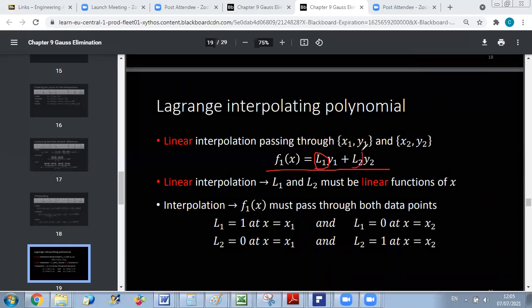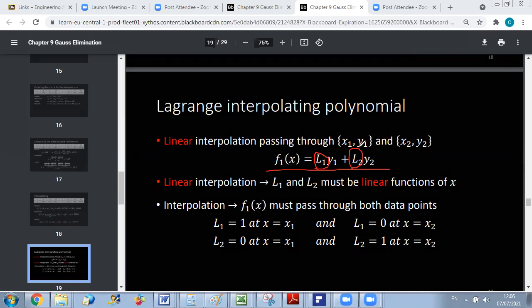So for example, we will start with the simplest interpolation, which is linear interpolation. If you want to use the Lagrange method to do a linear interpolation for f1(x), we write f1(x) as a summation of two terms, one multiplying y1, one multiplying y2.